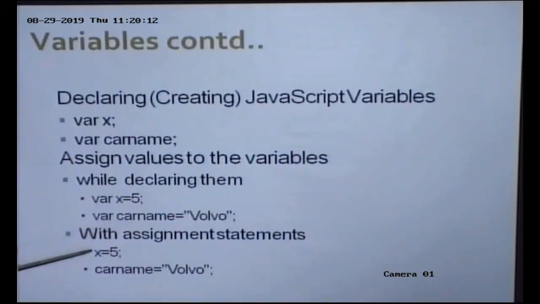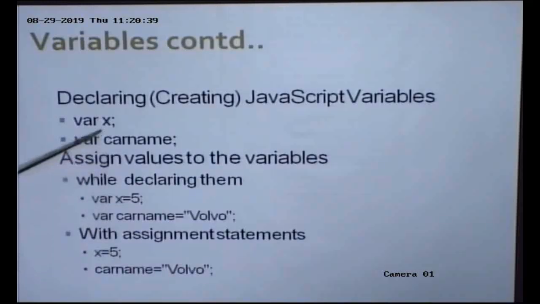Next thing is the assign statement. Here you are using var as a variable declaration. It takes both variable creation as well as assignment. Here it is only declaration. Suppose you want to assign the value, you can separate the assignment part from the declaration part.